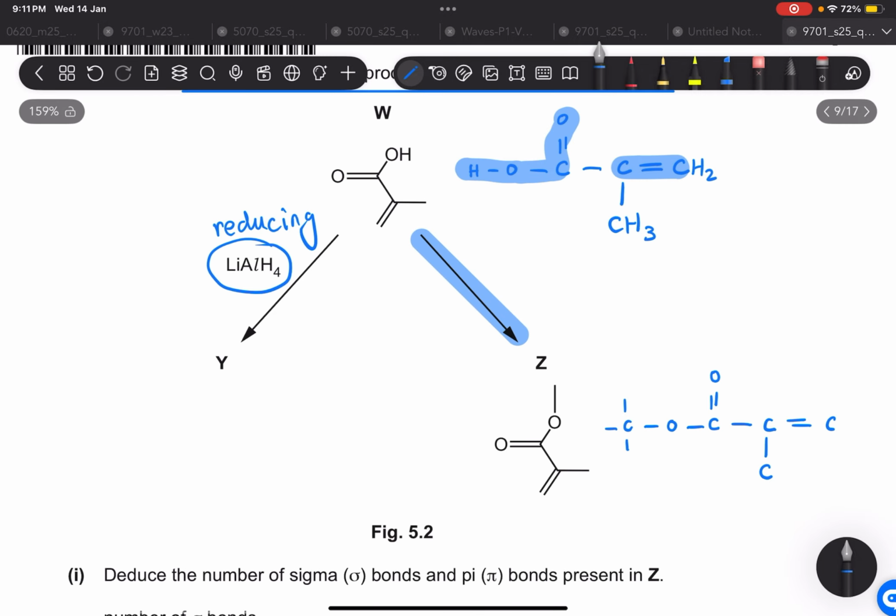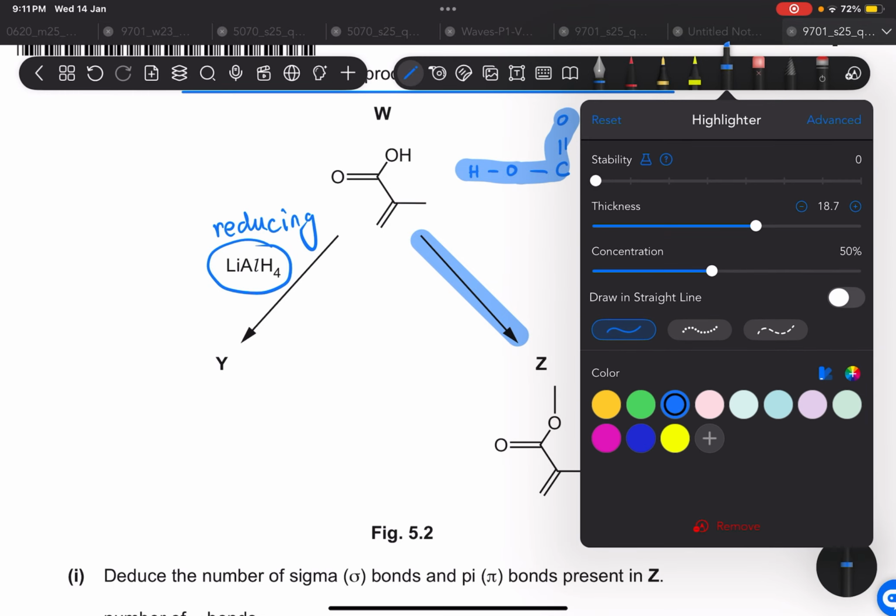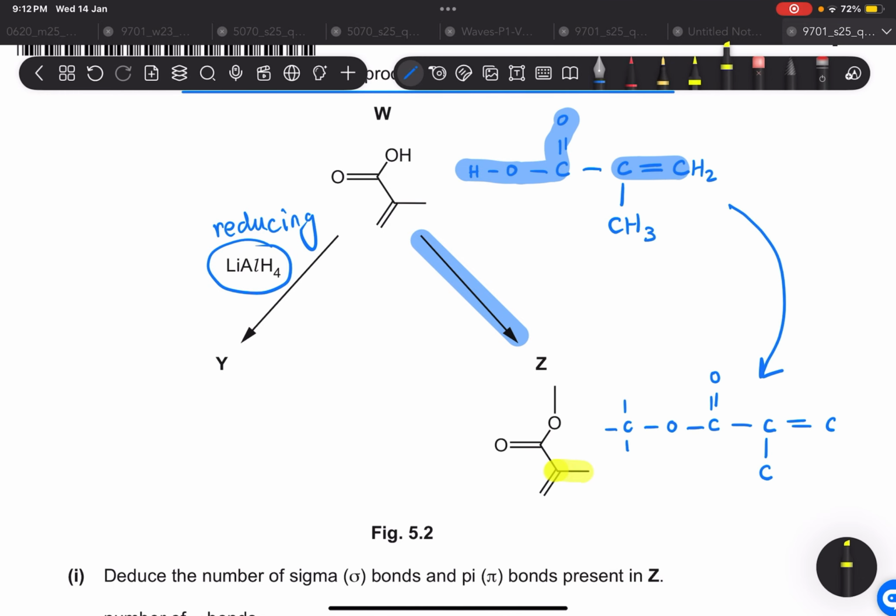So this thing is converting to this thing. Potentially what's happening is, if you see it clearly, we had this, and now we're getting this straight line.